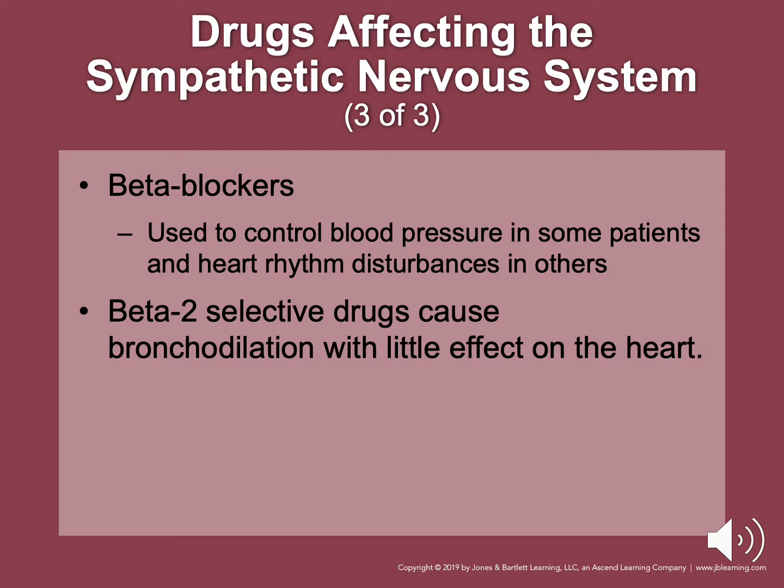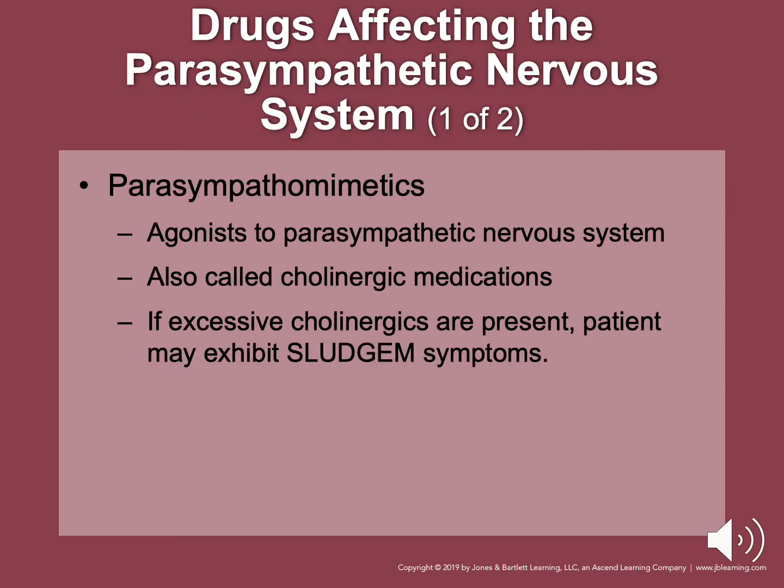Parasympathomimetics, agonists to the parasympathetic nervous system, are also called cholinergic medications. They act directly or indirectly on the cholinergic receptors.